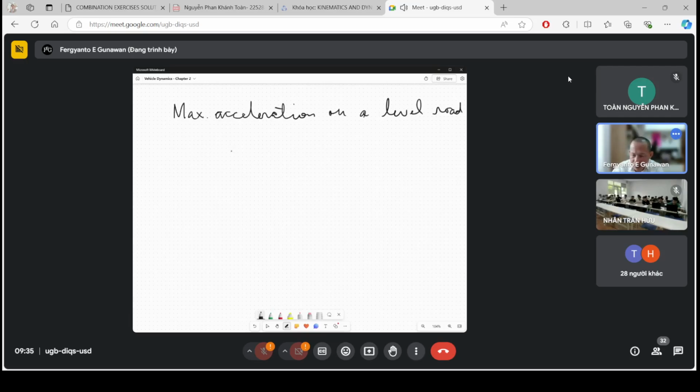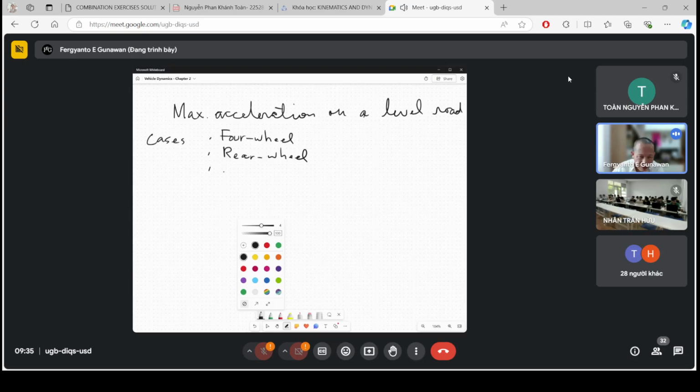So first we have three cases here, right? The cases that we need to talk about are the four-wheel drive, the rear wheel drive, and finally we are going to discuss the front wheel drive, right?